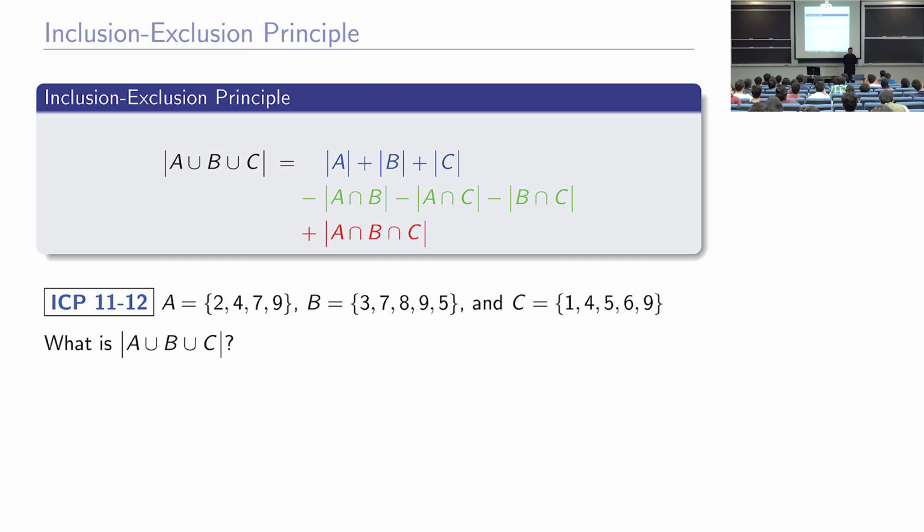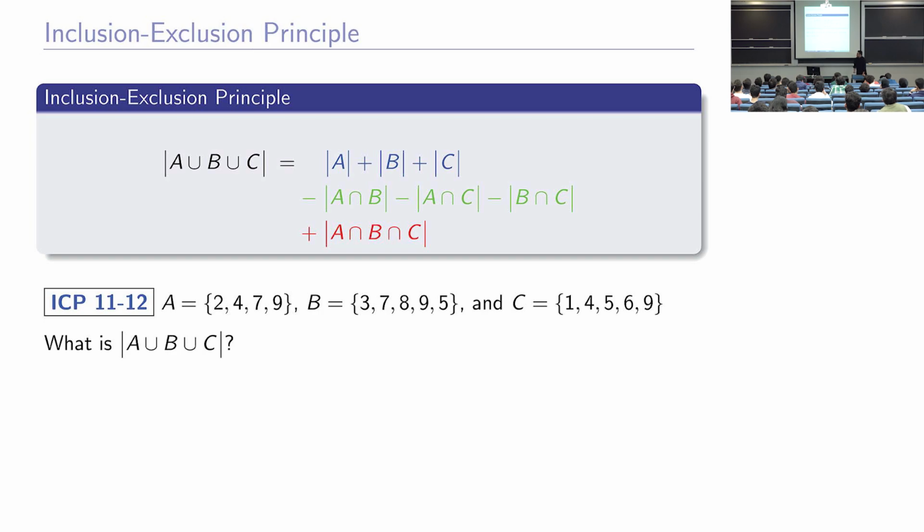There are 9 numbers in A union B union C. Okay, let's add the cardinality of A plus the cardinality of B plus the cardinality of C. What do you get? 4 plus 5, that's 9. 9 plus 5, 14. So it's a big overcount, right?